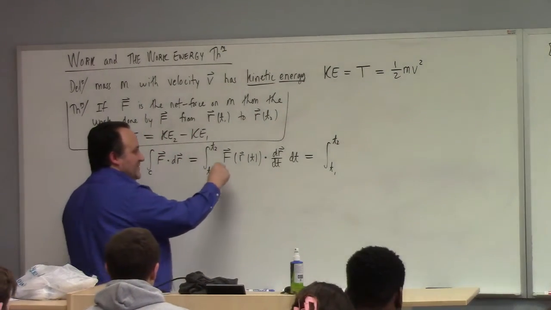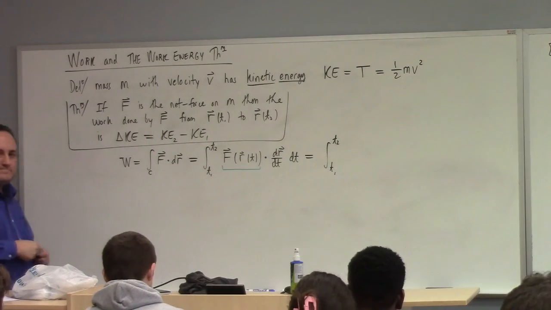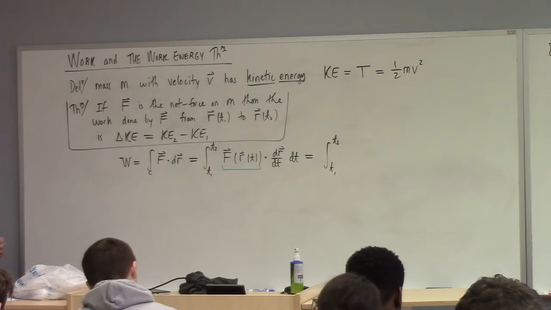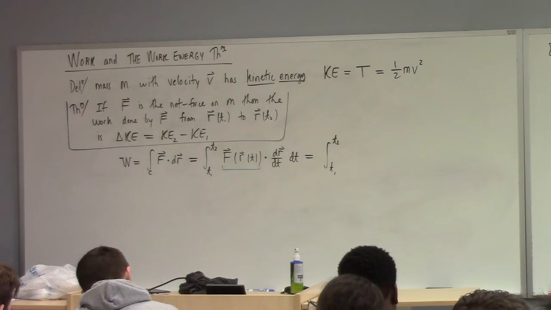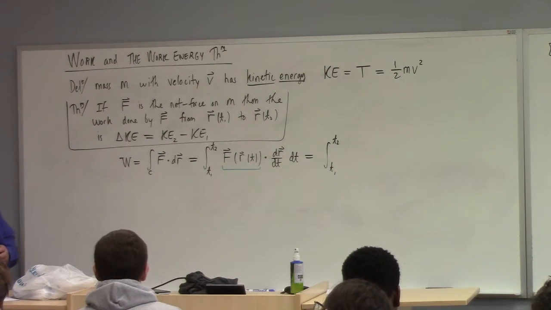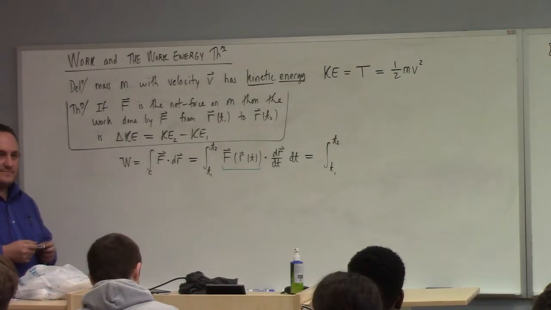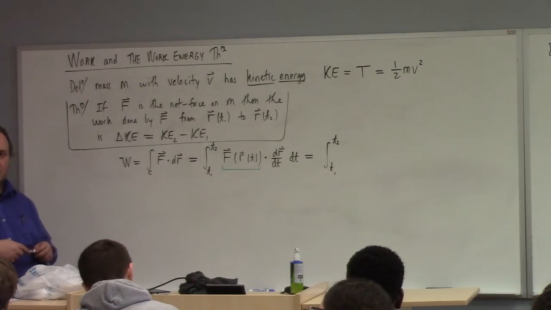But if this is the net force, what do we know about the net force? What's that? Sum of all the forces. True. Very true. That's essentially the definition of the net force, right?